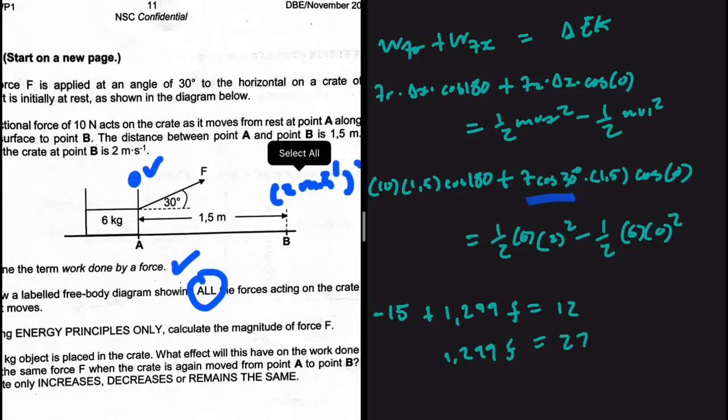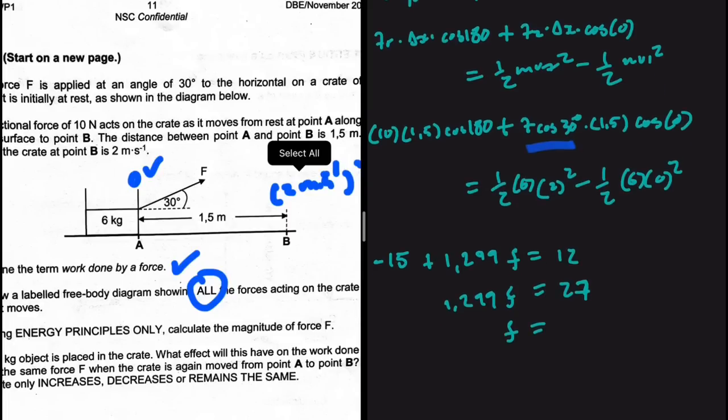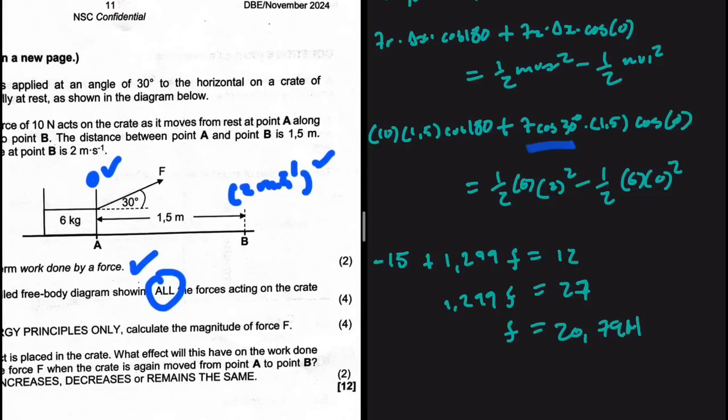So F is equal to 27 divided by 1.299. So F is 20.79 newtons. Right, we only need the magnitude, we don't need the direction.